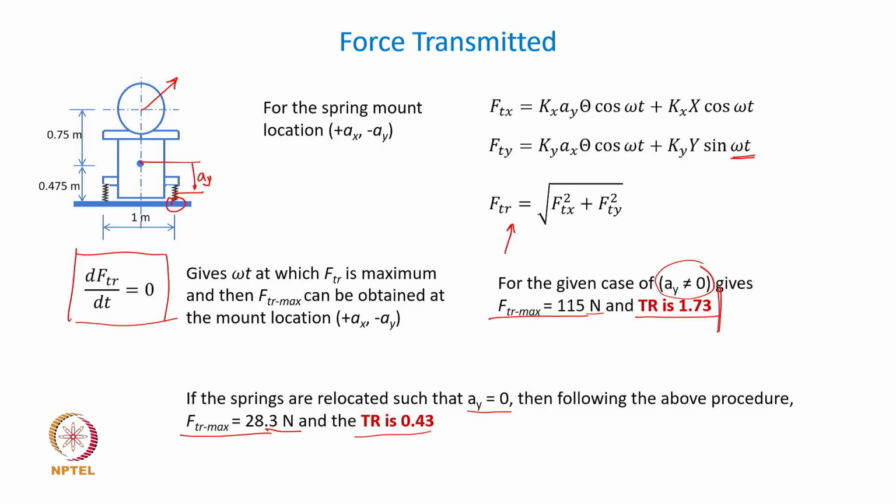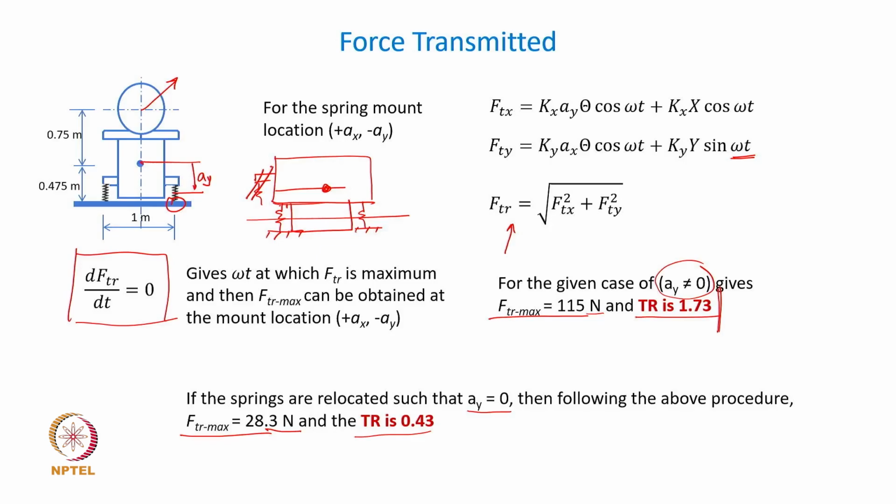Okay. So, as we discussed last time, instead of a configuration like this for heavy machinery, either you support it here so that it aligns with the CG, or you shift the CG by attaching heavy mass here.